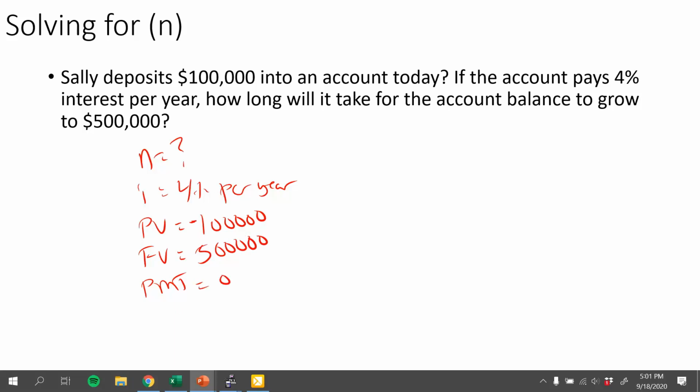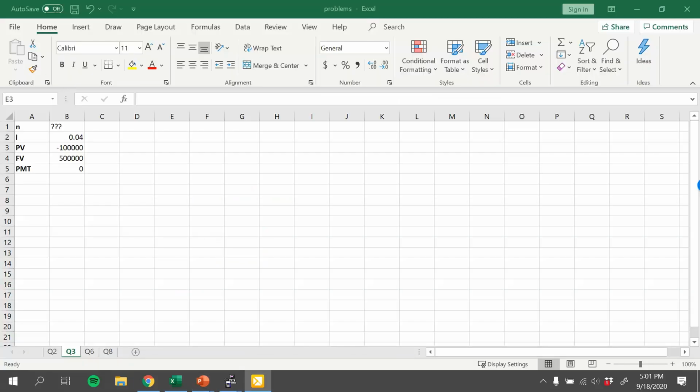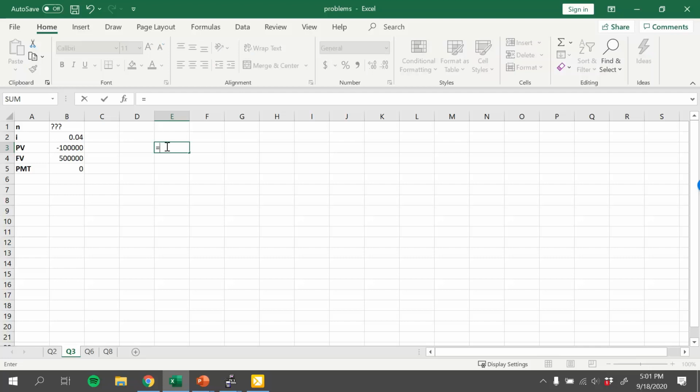All right, so now again, let's go into Excel to solve this problem. All right, so in Excel, I have my input table set up. I'm going to press equals to get into my function menu, and I'll type NPER, so the number of periods. Open parentheses, and it asks me what is the interest rate. So this is going to be 4%. Then it's going to ask me what is the PMT.